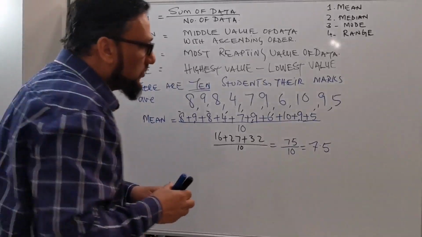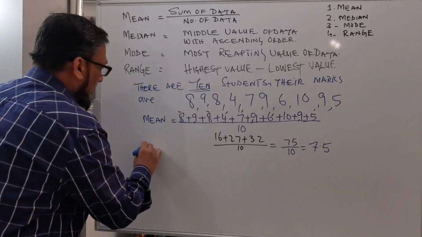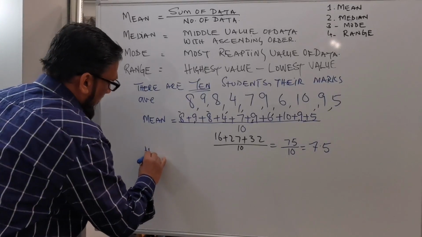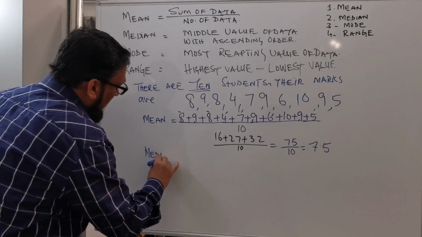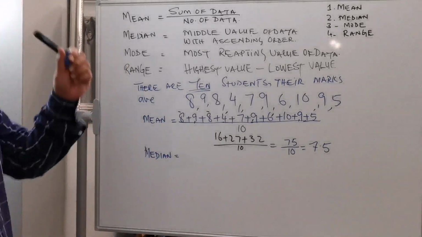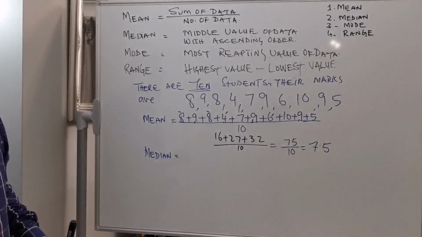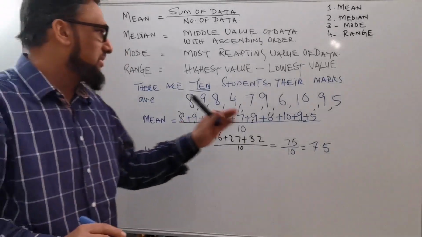And now we can move on to median. So median, as we discussed, whenever you find the median, you need to write from lower to higher. First you need to write in ascending order.